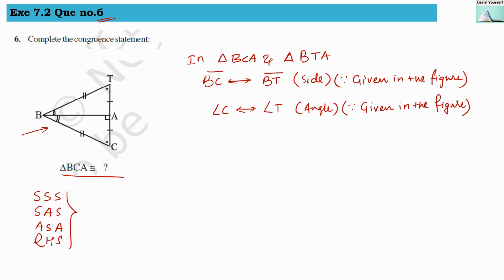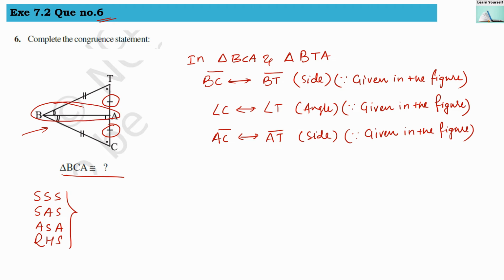For the third possibility, there are two sides. The first side is as per the given figure, side AC and side AT. So side AC is in congruence with side AT, and this is another side. And why have we written this? Because it is also given in the figure that both are in congruence with each other. Now one more side we can write here, and that is side BA, and you can mark that this side is common for both the triangles.